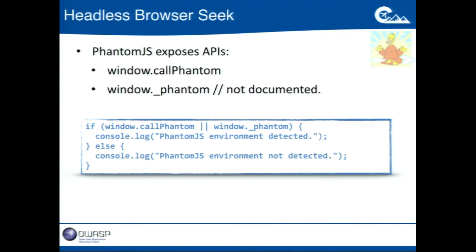The API here is exposed inside the web page instead of the PhantomJS script. So if you want to spoof it, it will be easy. Just delete them. You just delete window.callPhantom in the beginning when the page is loaded. Then this code, which is embedded inside the page, will not detect whether it's PhantomJS. But in a lot of cases, you still want to send callbacks from the page to PhantomJS.